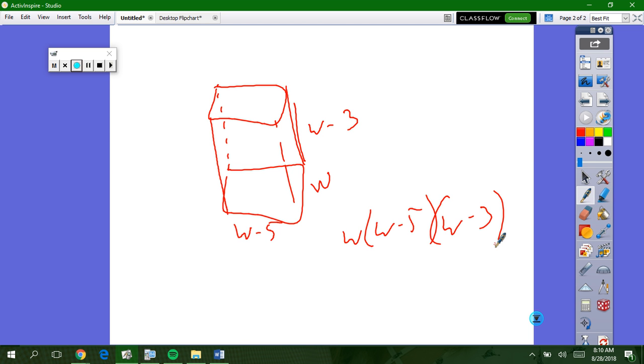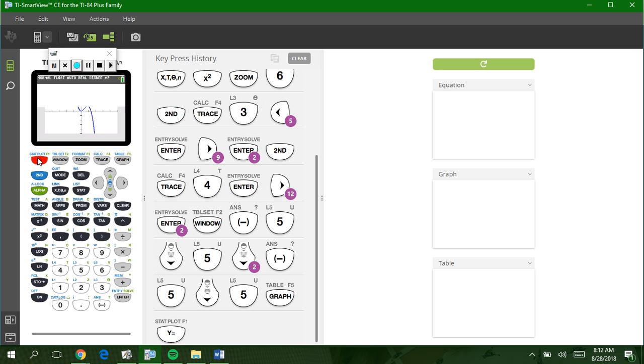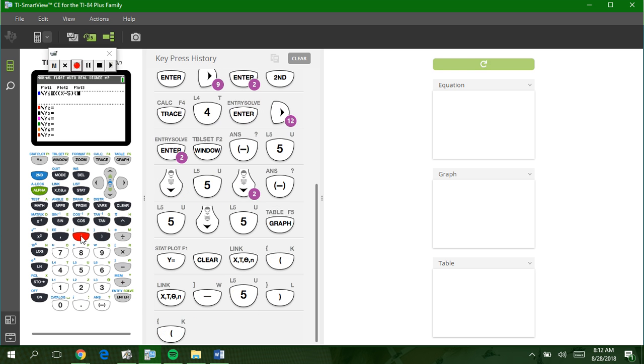So let's just graph this one more time. So y equals, instead of W, what am I going to be using? X, so I have X, parenthesis, X minus 5, is that right? Parenthesis, X minus 3 as well, right?